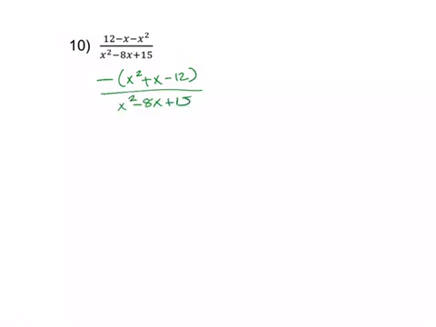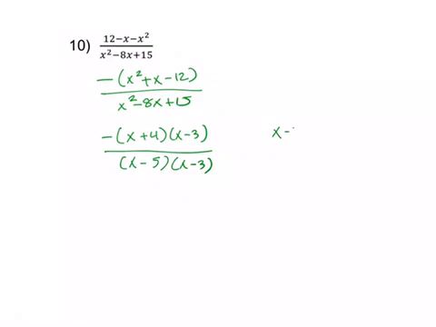Now we can factor: two numbers that you multiply and give you 12, and you subtract and give you 1. So I have x plus 4, x minus 3. On the denominator, two numbers that you multiply and give you 15, and you subtract and give you negative 8. So in this case, it's x minus 5, x minus 3.